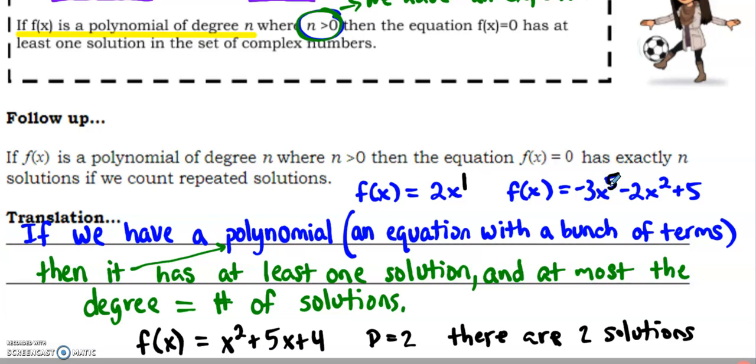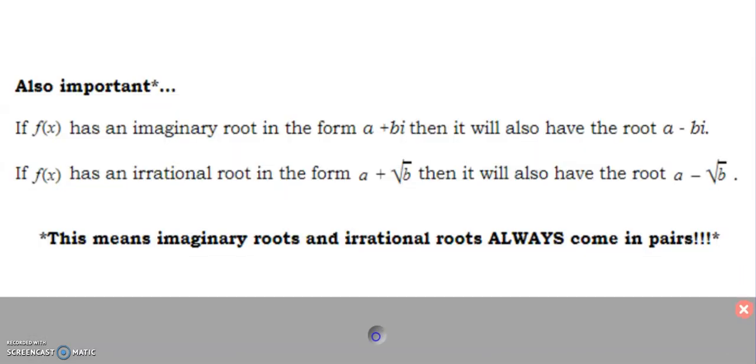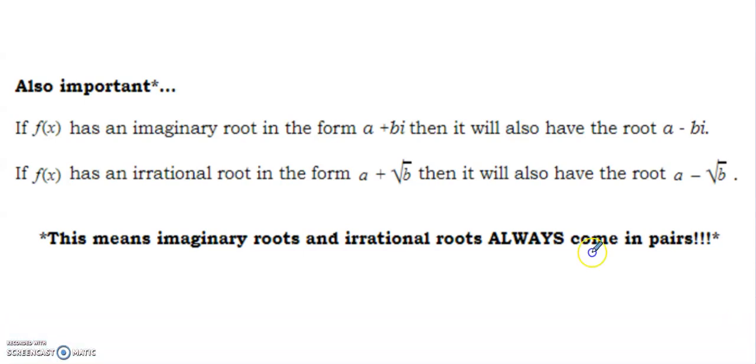Now, here's the deal. When it says at most, what that means is it's possible that we might not have 5. So here's where this other part on this page is coming into play. If one of the roots is imaginary, so if it looks like a plus bi, then it will also have a root a minus bi.